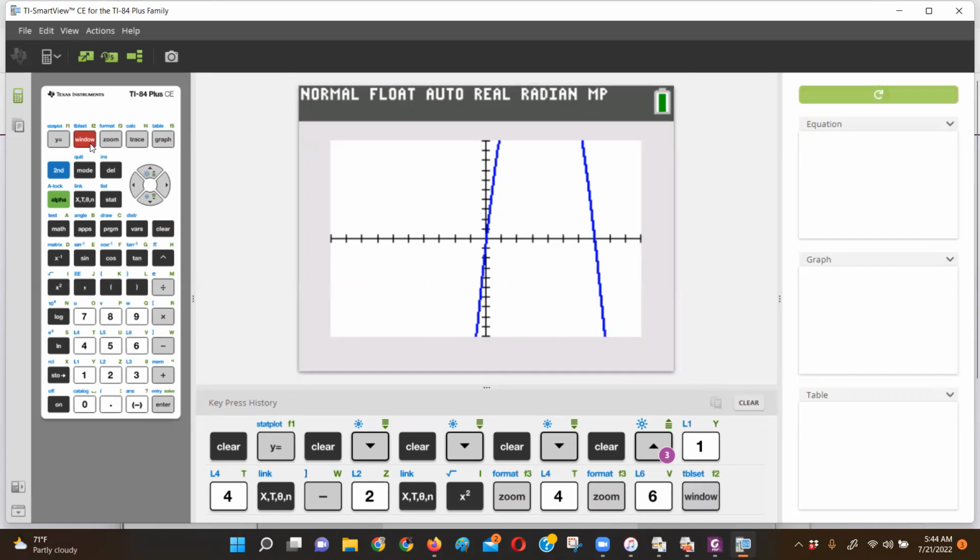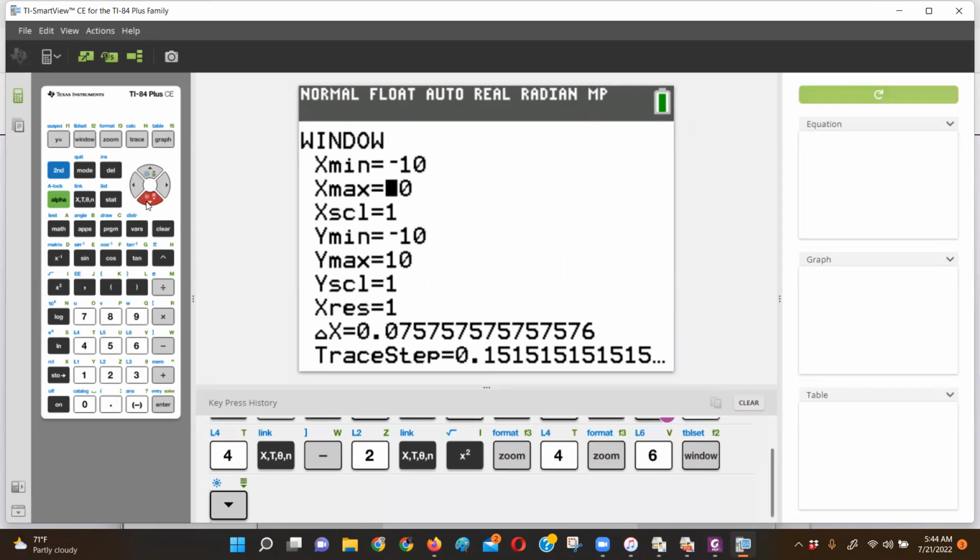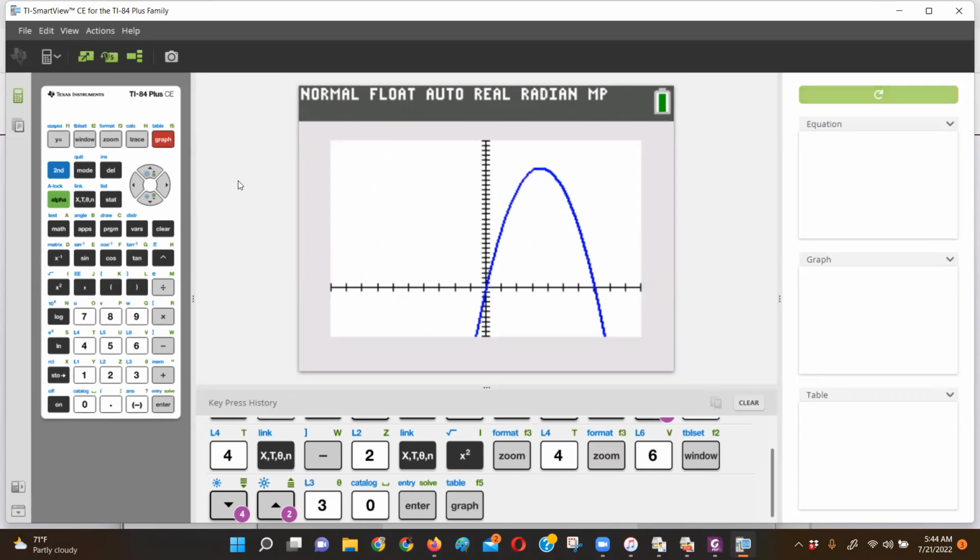So we're going to go to window, and I'm going to change my maximum. What was it? 24.5. So Y max should be up to, let's go 30. And graph. Let's hit enter and then graph. That'll let me see more or less what I got. Okay, and I can tweak the window. So yeah, I'm in the ballpark, right?